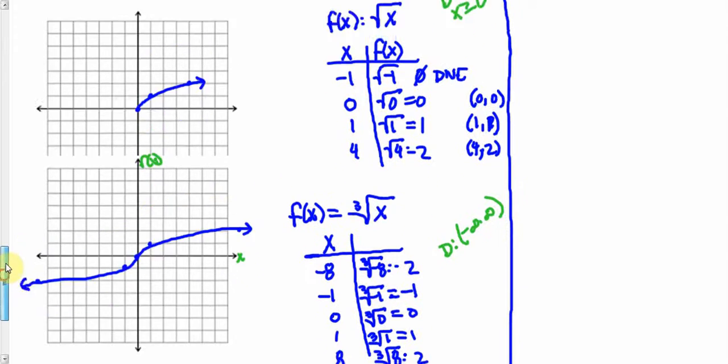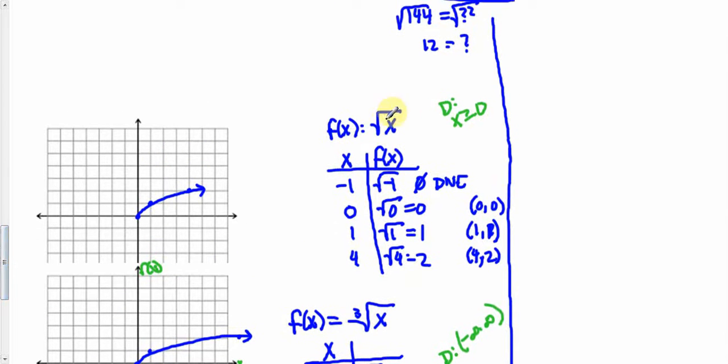So the domain is based on what x's can be chosen and evaluated in that function. If I gave you this function, and I simply asked you, what is the domain?